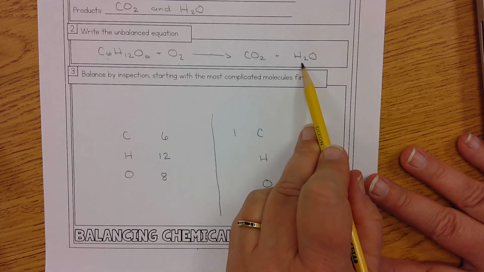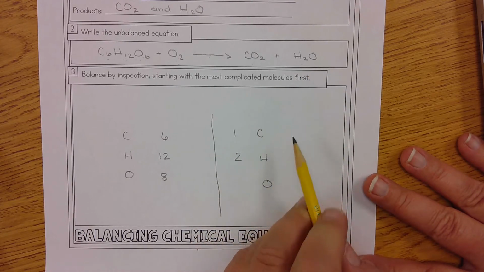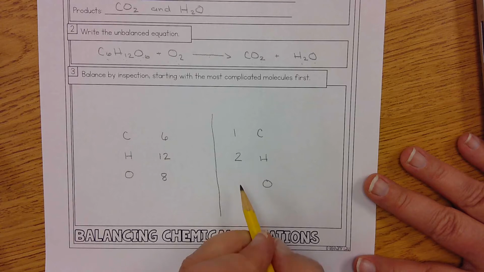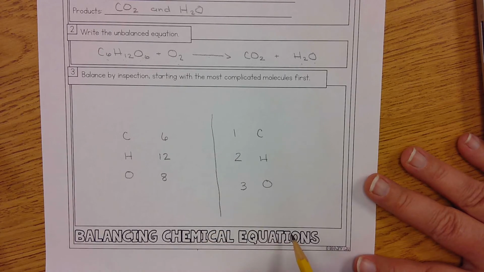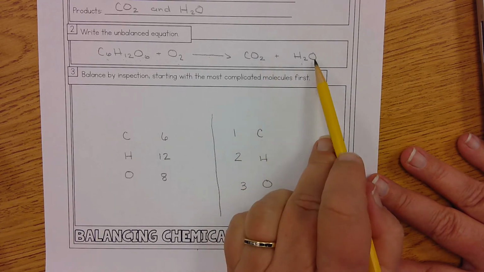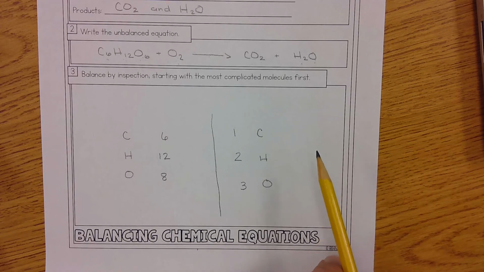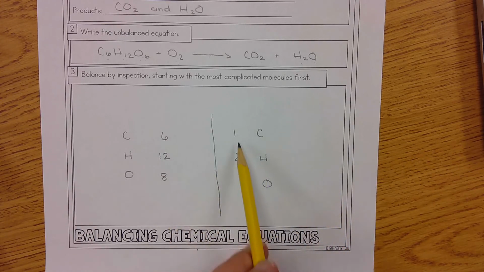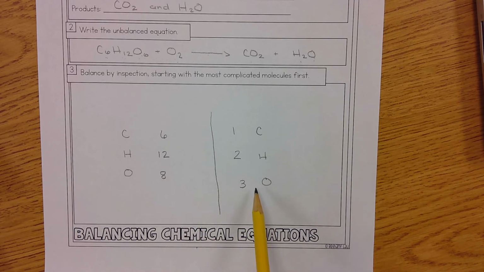I have 2 hydrogens. I have 3 oxygens. 2 over here, 1 over here. Makes 3. 1, 2, 3. So this is how many I have. Remember, by the end of the process, these numbers have to equal. Okay? So they've got to equal each other.